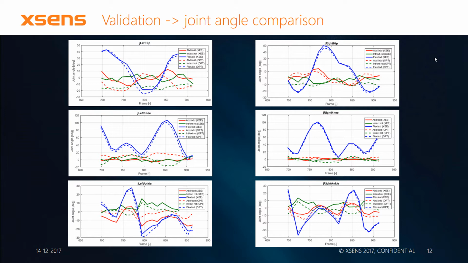Just as you're used to from MVN, the three different colors represent the different joint angle axes. So you go from abduction, adduction, to internal, external rotation in green, and flexion extension in blue. What you can see is the lines are very close to each other. They follow exactly the same patterns.